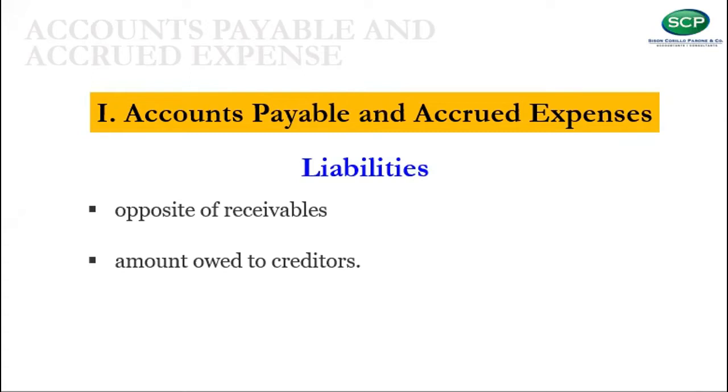Liabilities can be settled through the transfer of money, goods, or services. Liabilities can also be viewed as sources of the company's assets. For example, inventories were bought through the incurrence of liabilities, or cash was received from a loans payable. So nag-exist simultaneously yung asset and yung liability.